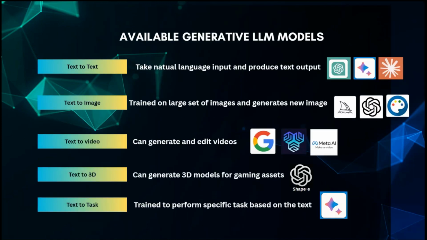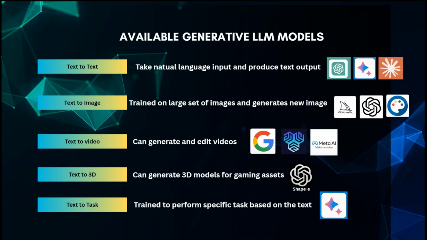So there are multiple available generative LLM models, which are text to text models. In this, natural language inputs can be produced as a text output from the Claude, Gemini, and ChatGPT models. So they can give us information from text to text, right? And if you talk about text to image models, we just prompt some kind of information, and then these models will generate images based on that.